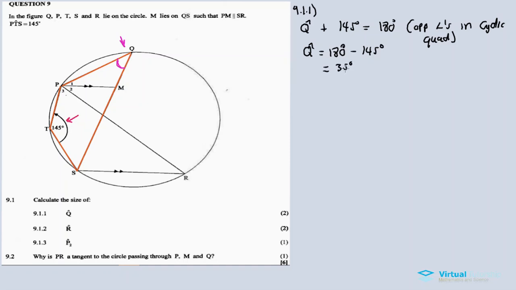So this is our answer for angle Q. So we check the given angle as well as the angle we calculate, then you check the relationship between the two angles. This is how I approach Euclidean geometry problems, especially on the part where you calculate the size of an angle.